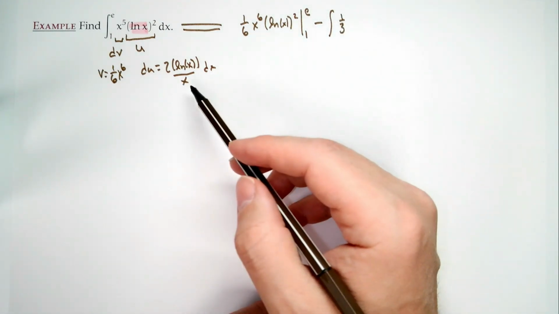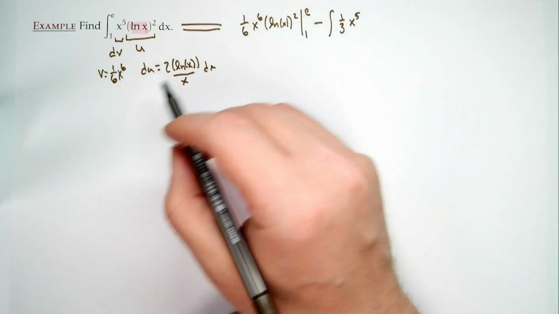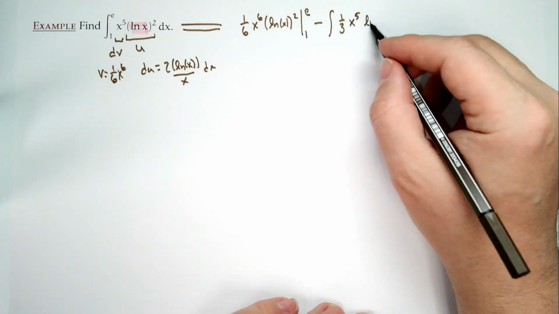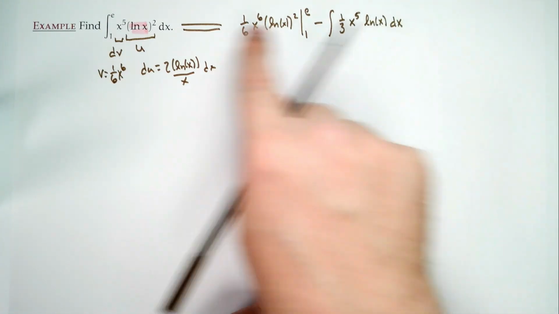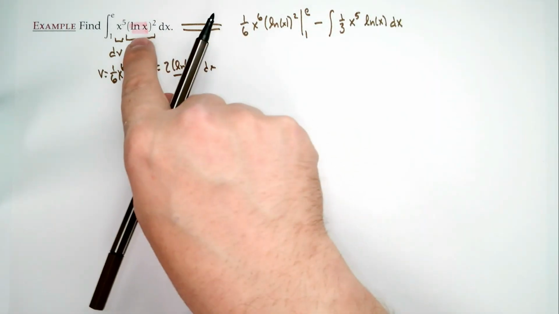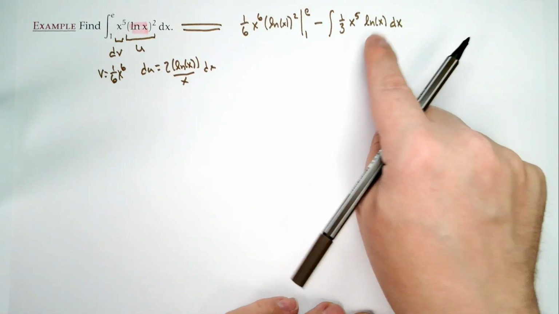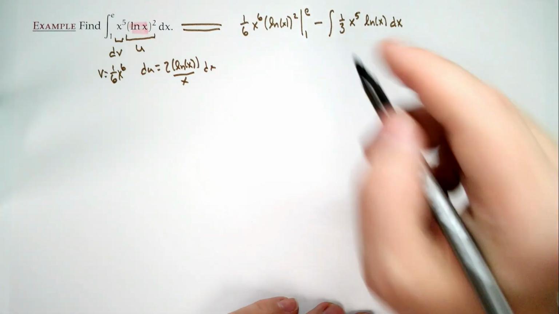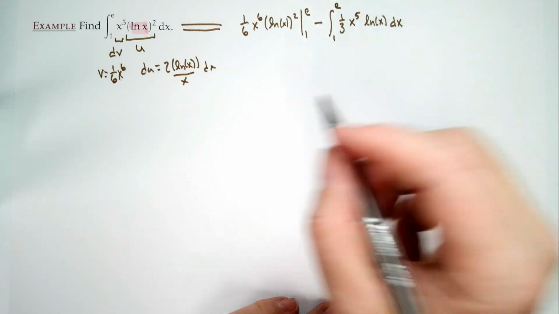We have x to the 6 and a 1 over x, so that's x to the 5th. And we have a natural log of x, and we have a dx. Now, these look similar, but you'll see that here the natural log of x was squared. Here it's not. So that's good. Don't forget this is a definite integral, so we update our bounds.